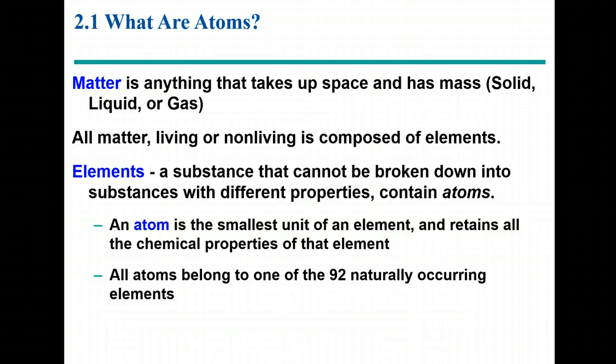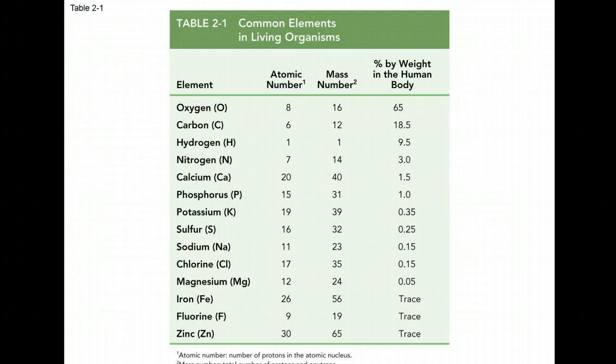All atoms belong to one of the 92 naturally occurring elements. This table illustrates the most commonly found elements in living organisms. Note that carbon, hydrogen, and oxygen are the most commonly found elements in living systems.